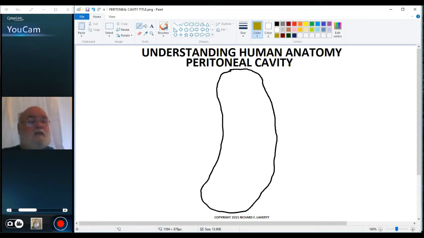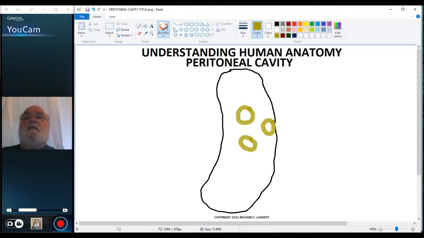We'll draw in structures of the digestive tract, and we'll put the stomach about in this position. We're going to have the duodenum at this spot, and we'll put in some transverse colon at this point.